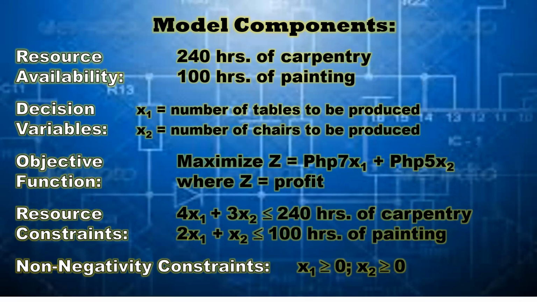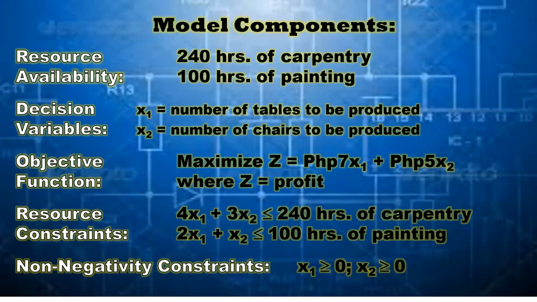Now we use less than or equal to because we know that 240 is the maximum number of hours of carpentry. And we also have this constraint, 2x sub 1 plus x sub 2 is less than or equal to 100. This is for the painting, the number of hours in the painting department.